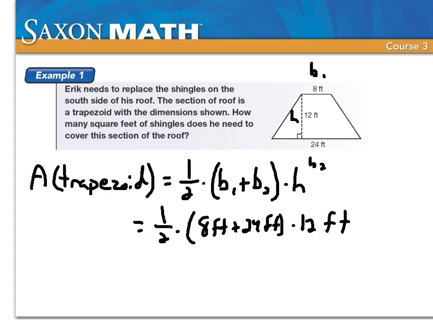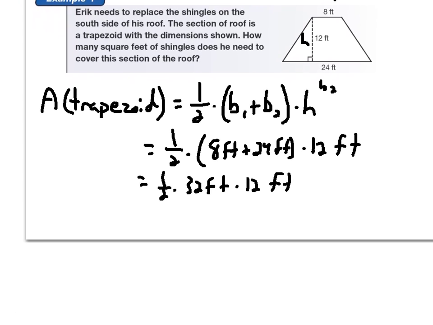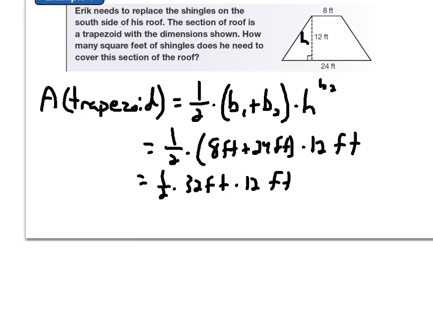The very first thing we see is parentheses, so PEMDAS says we need to do the parentheses first. So this is 1/2 times 8 feet plus 24 feet is 32 feet, times 12 feet. We've got three numbers that we're multiplying together here, and we can do this in any order. Typically, I would multiply these two numbers first if it wouldn't give me a very big number.